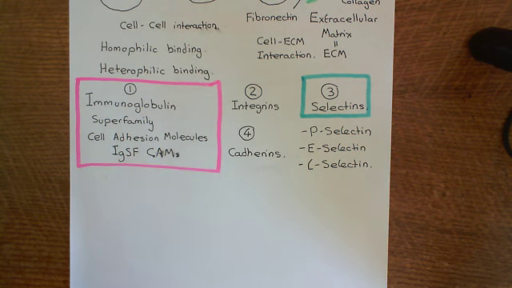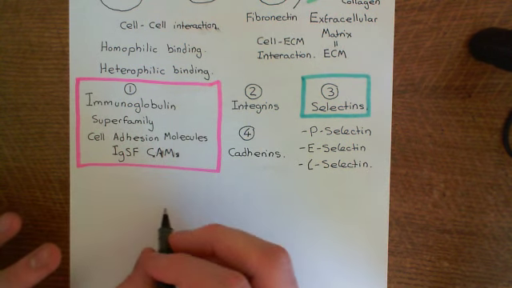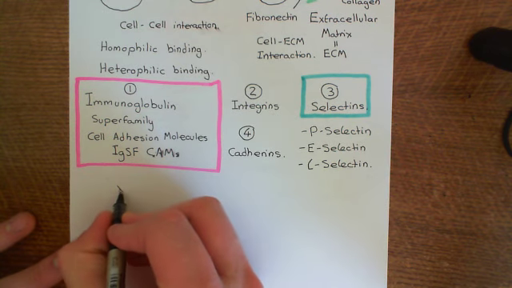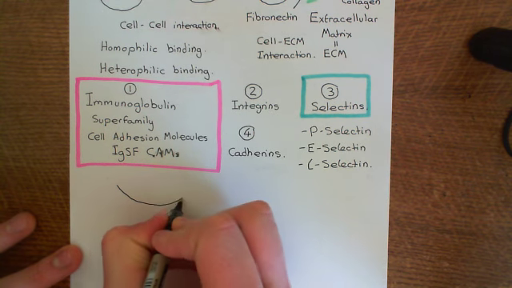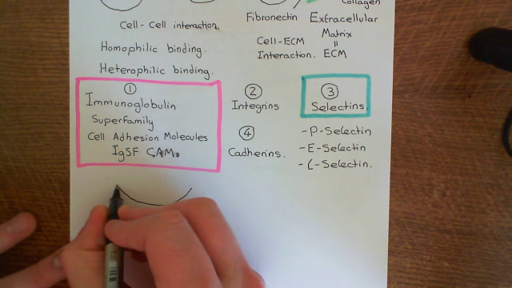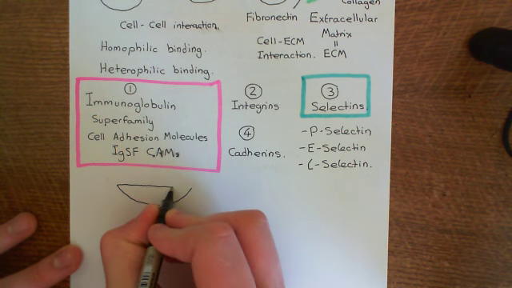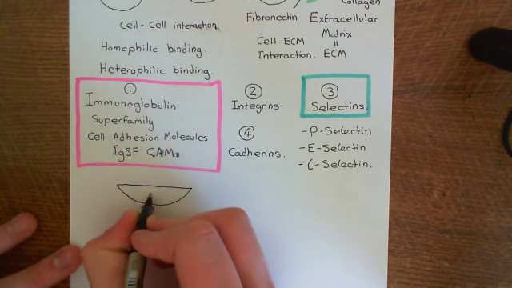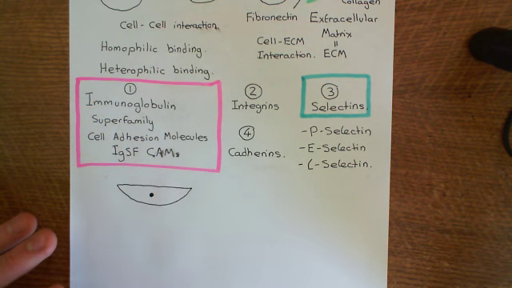P-selectin is used on endothelial cells to help the recruitment of neutrophils. Let me show this. If you've got an infection occurring in a certain portion of tissue in the body, then the endothelial cells there will undergo type 1 activation.